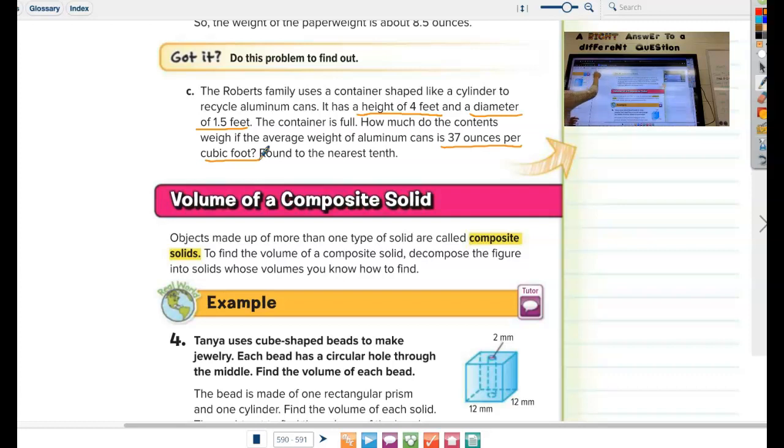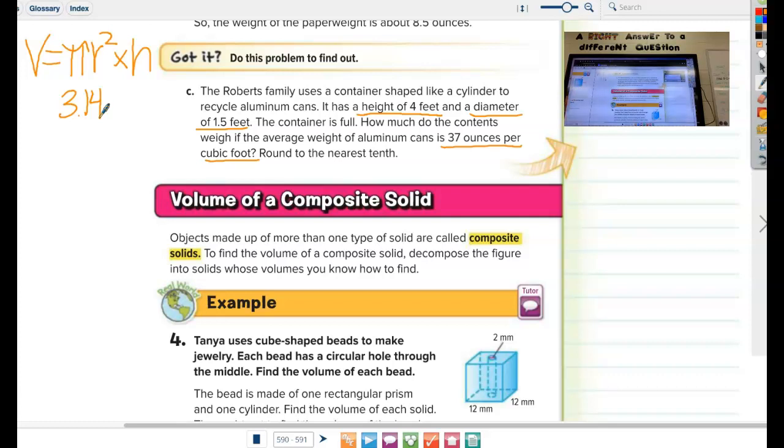So we're going to use the formula. Volume equals pi r squared, that's the area of our base, times its height. So I have 3.14 times the radius. Now we were given the diameter, and the radius is half of that.